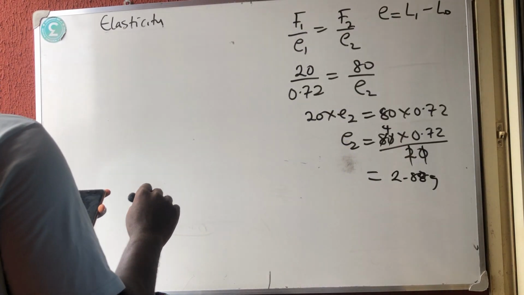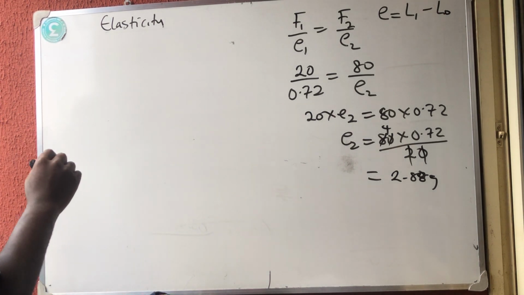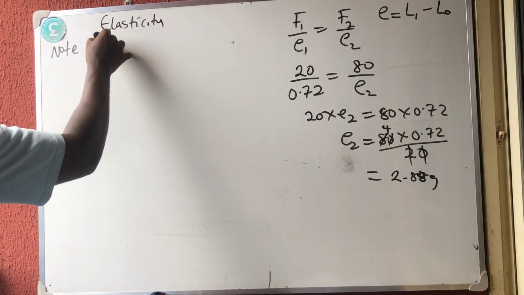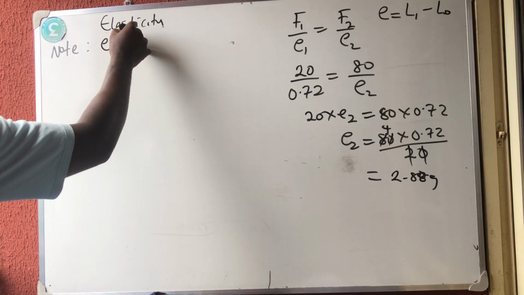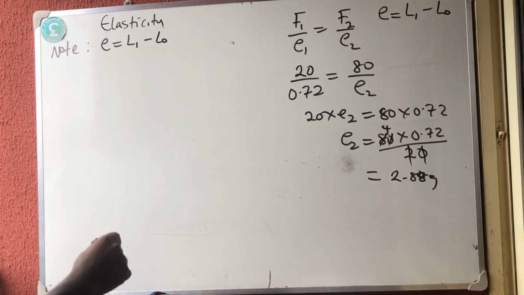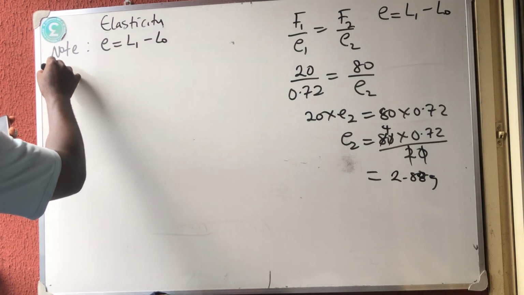The length produced minus the original length, that is the extension. So please note that extension is taken as the length produced minus the original length. Very, very important formula. Okay, so let's take a question.